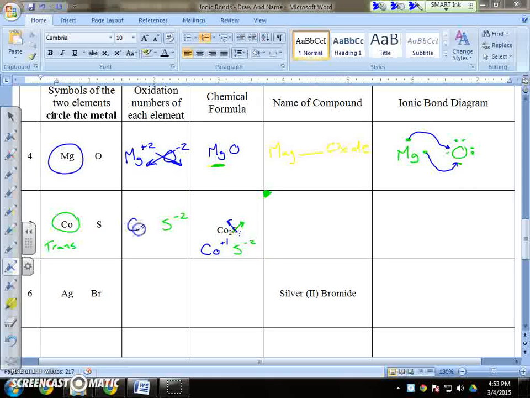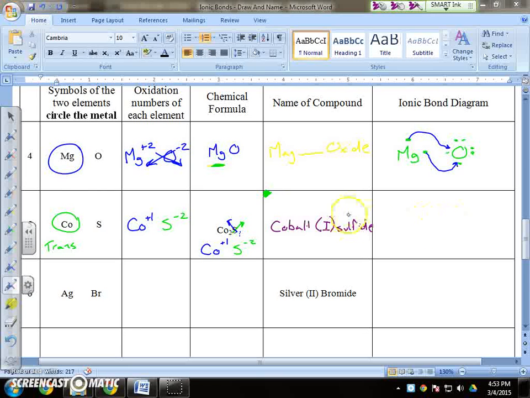So I end up having Co and +1. So in terms of the actual naming of the compound, because we did a reverse crisscross, and you're taking the invisible 1 that was next to the sulfur, we're going to name this whole thing as cobalt 1, and remember you're putting a Roman numeral 1 in parentheses, sulfide.